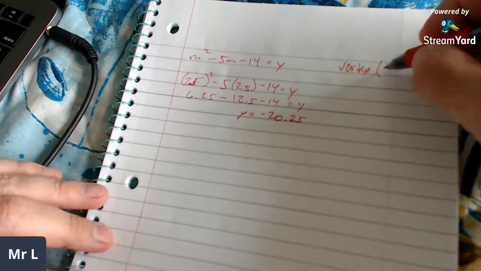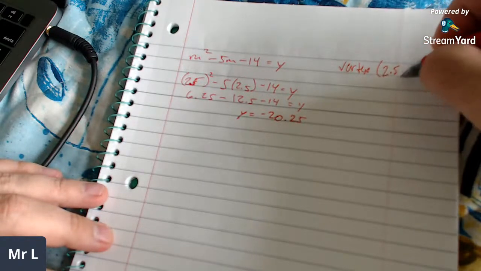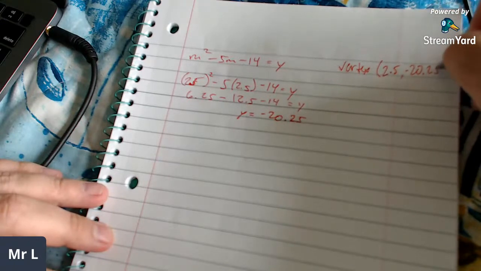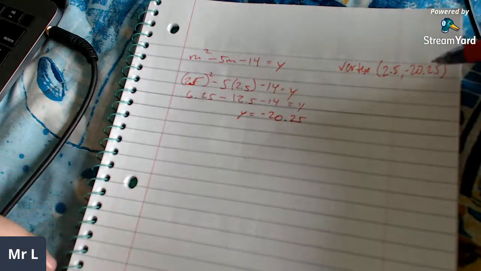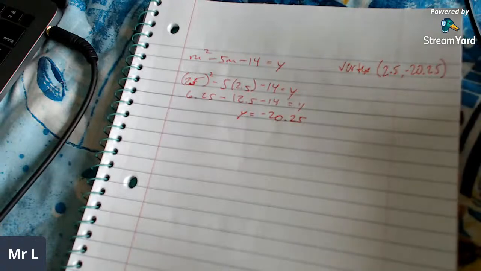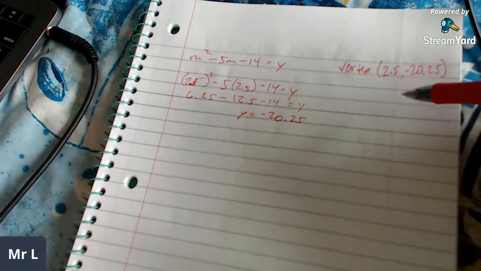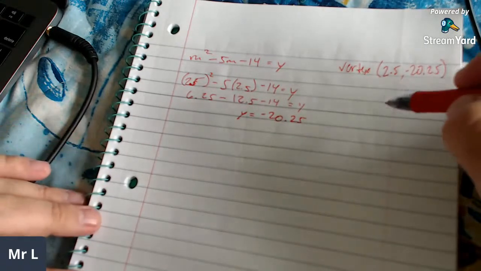So the vertex for this equation's parabola is at 2.5 comma negative 20.25. All right, now this is a critical point on a parabola, especially if we're graphing. Now we don't have to estimate where it is. We know.